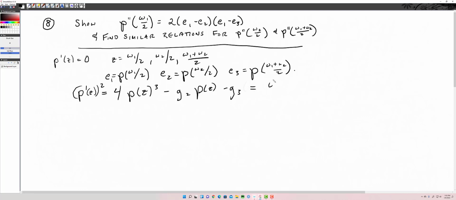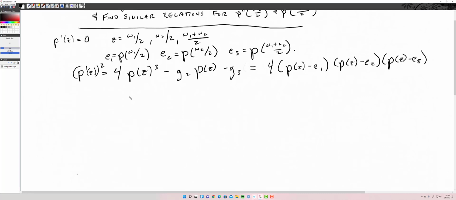We can write this as 4 times P of Z minus E1 times P of Z minus E2 times P of Z, you guessed it, minus E3. Basically, if you didn't know they were zeros, you would be forcing zeros at each one of these points, at each one of the half periods.